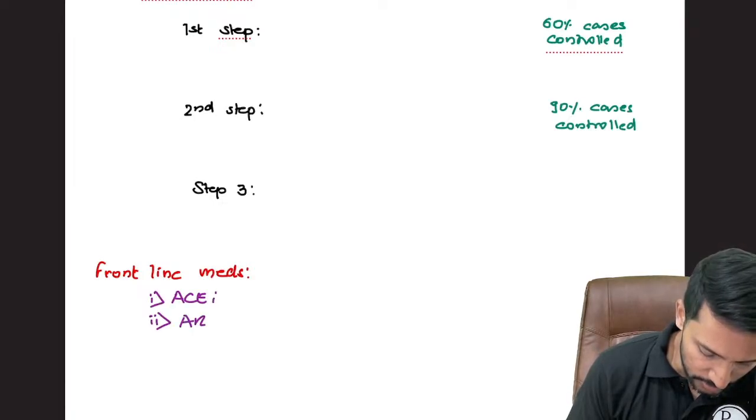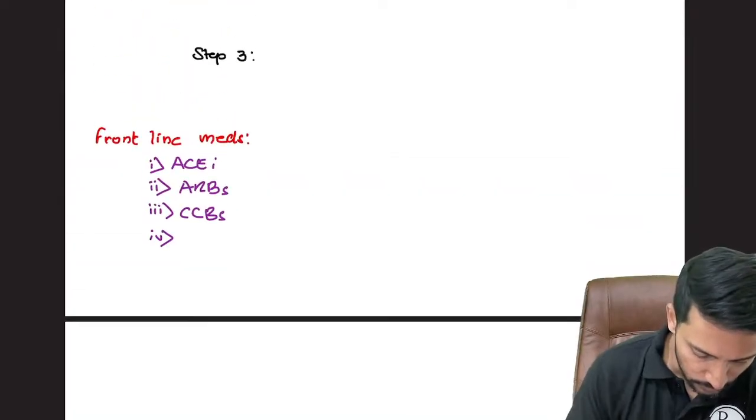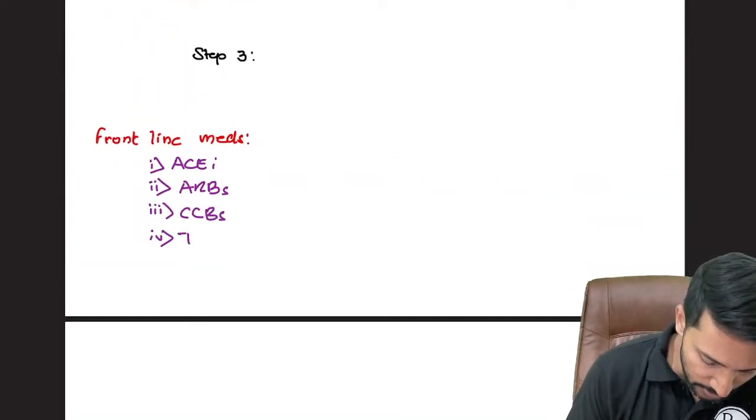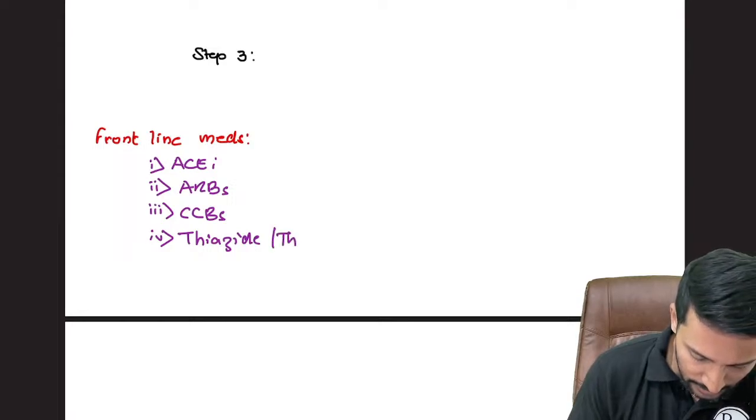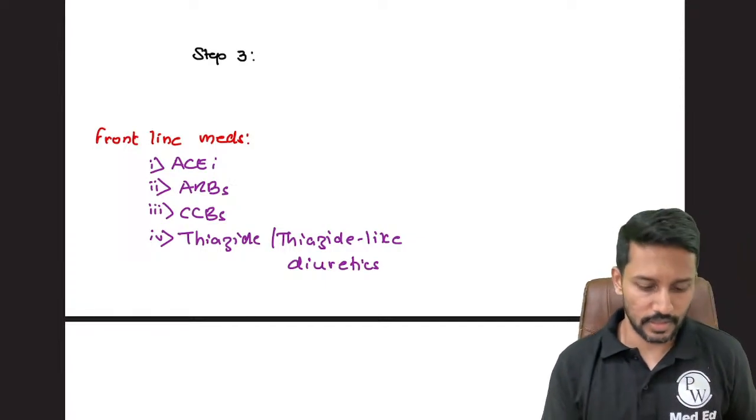Second one is ARBs. Third one is calcium channel blockers. And the fourth one is diuretics, primarily thiazides or thiazide-like diuretics. These are considered as the first line medications.